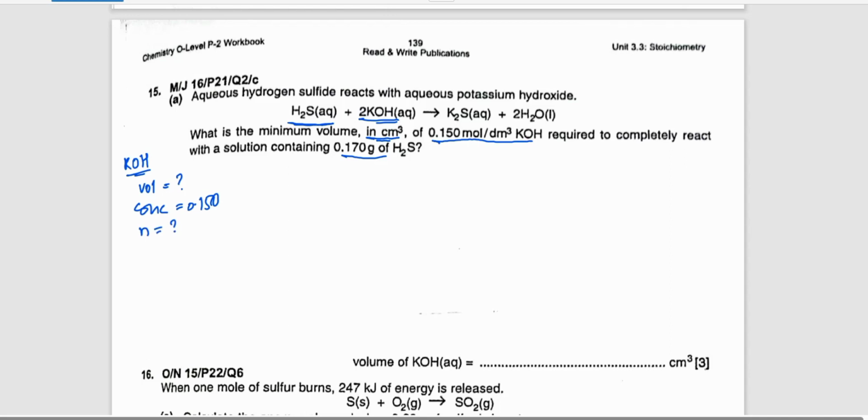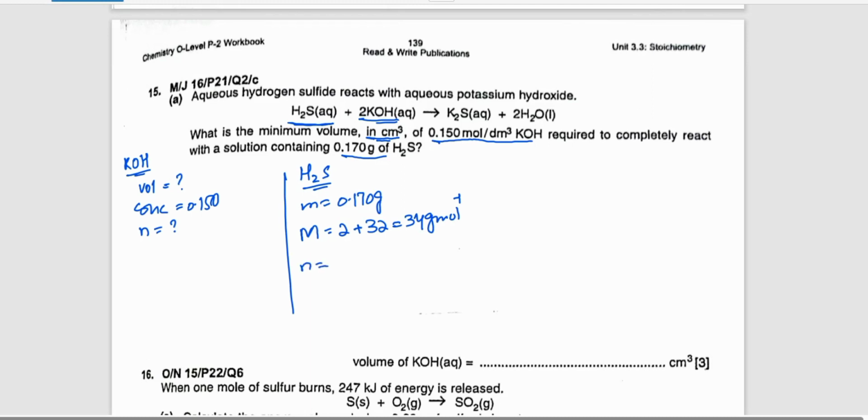Now let's see the number of moles. How can we calculate? Let's start with the H2S. Its given mass is equal to 0.170 gram. Molar mass is 2 atoms, so 2 for hydrogen, 2 plus sulfur 32 becomes 34 gram per mole.